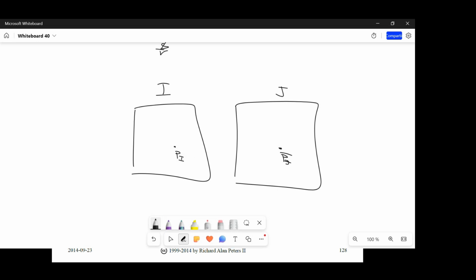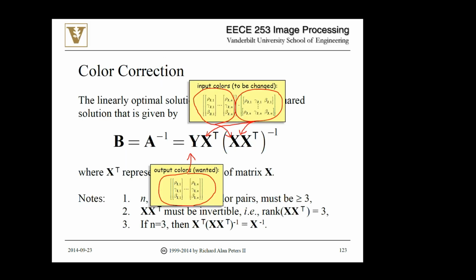And because we will have many, we index them. So you have to give the correspondences. Okay, so now what do we do with those correspondences?